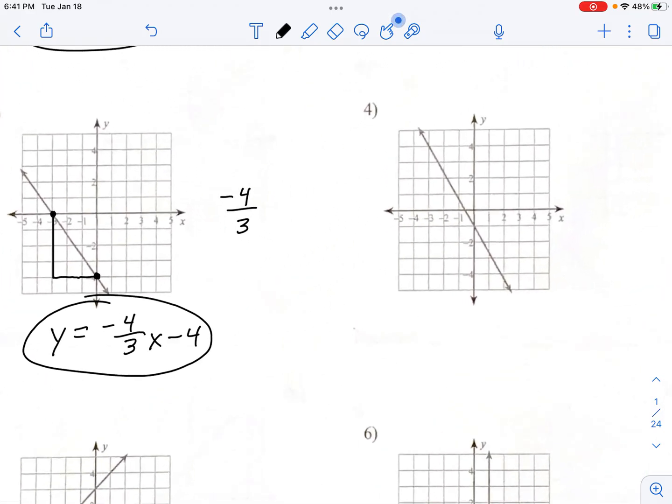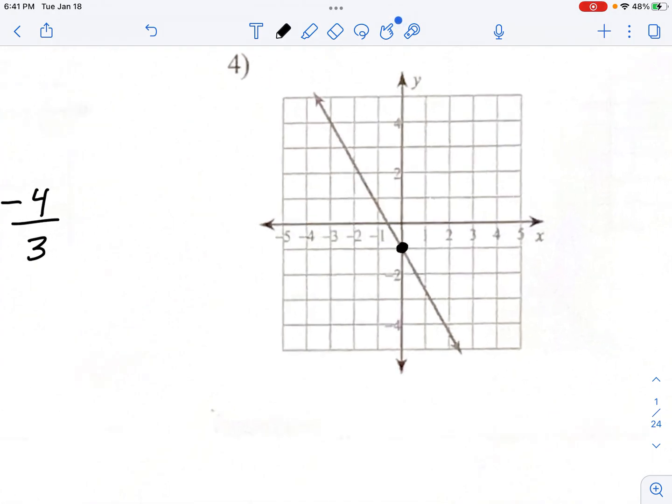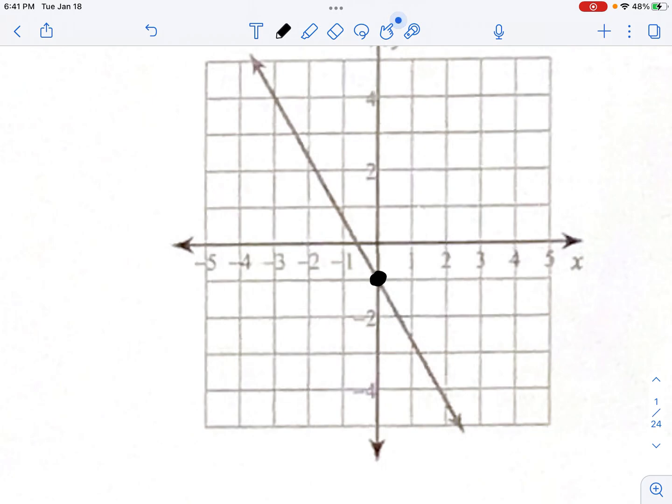Okay, number 4. On this particular problem, your y-intercept is going to be right here at negative 1. And then, again, your clean point could be forward or backwards. It doesn't matter, okay? Scanning through here, looking for a clean point, we don't really have one going forward, but we do have one going backwards.